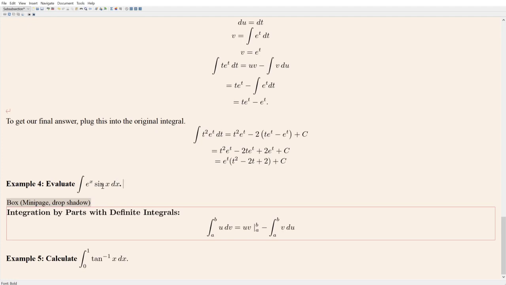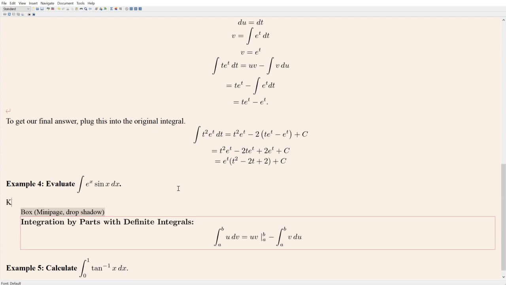I, inverse trig functions, no. L, logarithmic functions, no. A, algebraic functions, no. T, trigonometric functions, yes. So we have a sine x. So let u equal sine x. Then we have no choice but to let dv be e to the x dx, so, everything else.